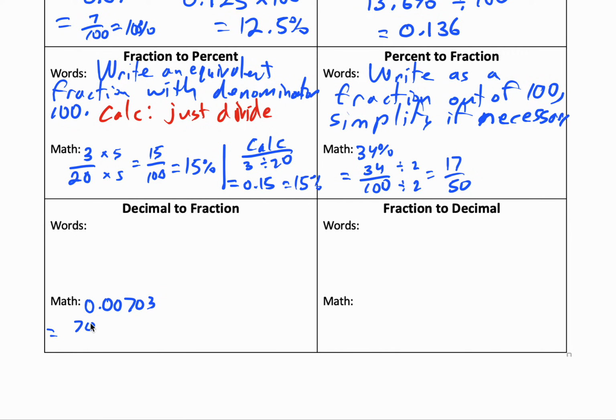So that means you can write it as 703 out of a 1 with 5 zeros. So like 100,000. Okay, and that's it. That's all you need to do.